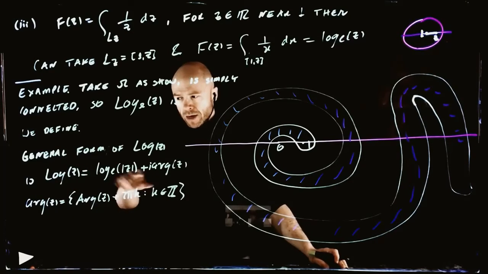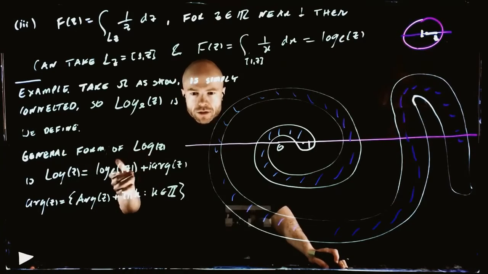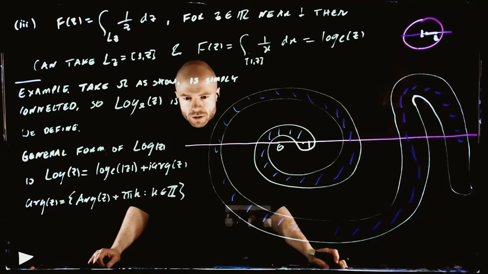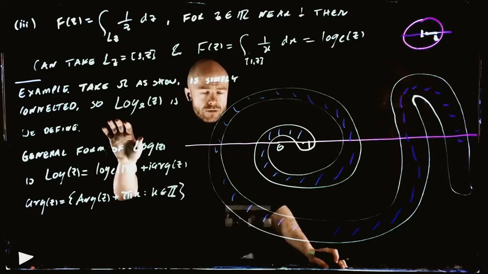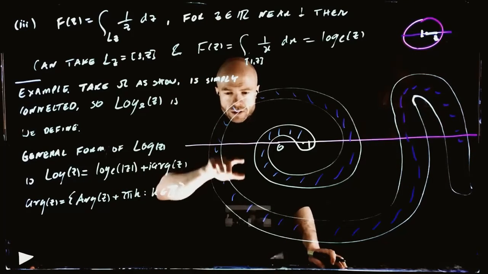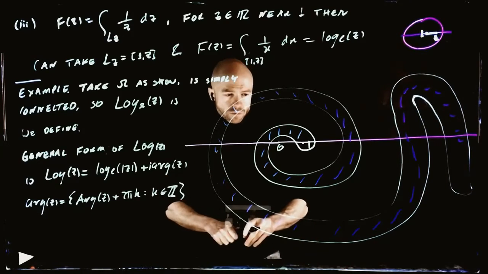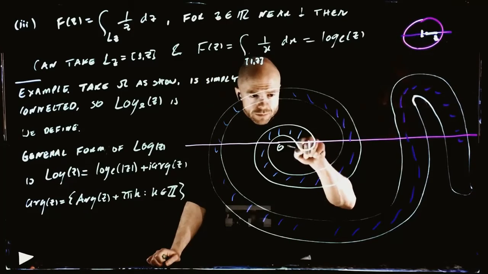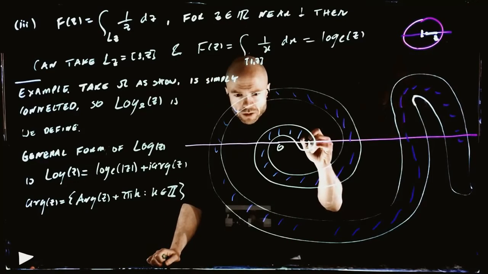And the issue is we don't like it like this, because this is not a single valued function. But the claim is now we do have a single valued function on this domain. Around one itself is pretty clear.